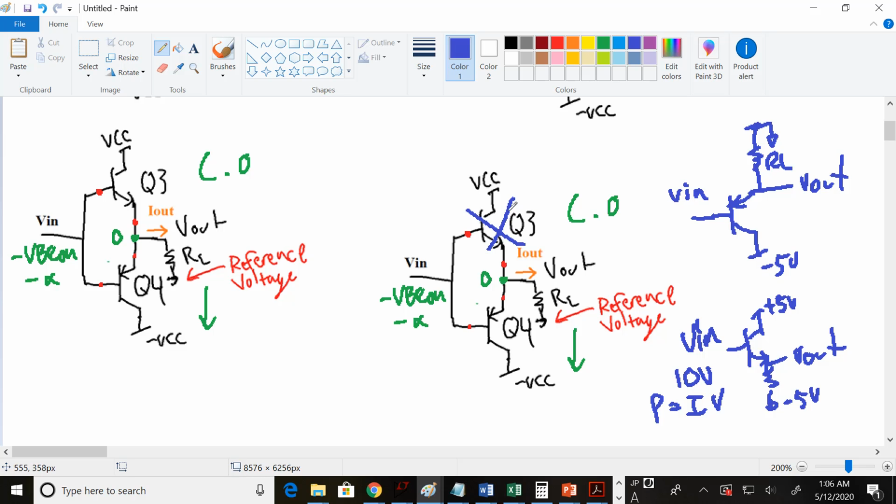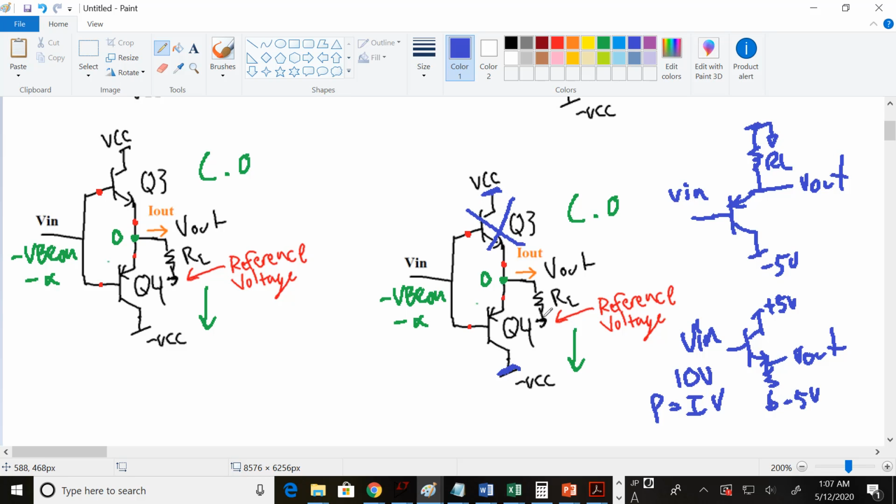But if you use a push-pull, since you've picked a reference voltage that's halfway between your positive rail and your negative rail, when the top's on, instead of getting a common collector that goes from VCC to minus VCC, you get a common collector that goes from VCC to ground. Q4 goes away. Now you've got a common collector that goes to ground.